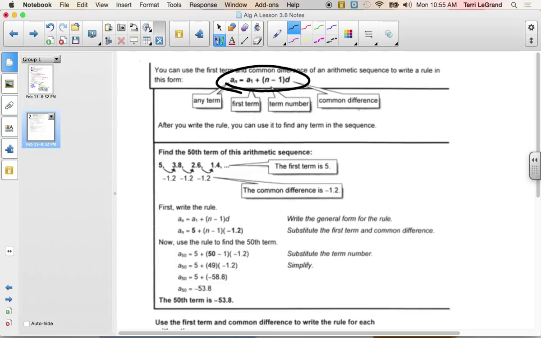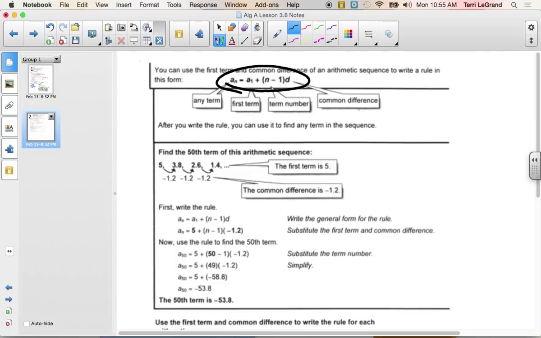In other words, every sequence has to start somewhere. Plus, in parentheses, n minus 1. That's the term number they want you to find. Take 1 away, because you don't need to work with the first one. We already have dealt with it in our A sub 1, and then multiply by the common difference.